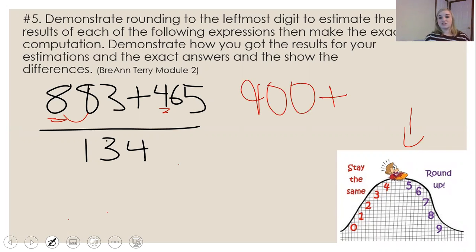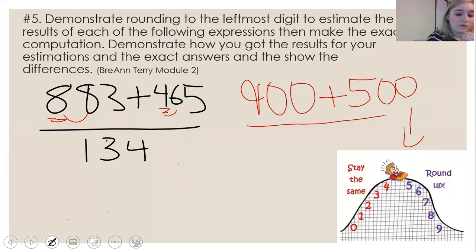And then for 465, we see the 6 means round up, and it's the next digit after the leftmost digit. It's going to be 500. Divided by 134, and we already know that 3 is the lower number on the lower side of the roller coaster over here. And so this is going to be just 100, since we're rounding to the leftmost digit.